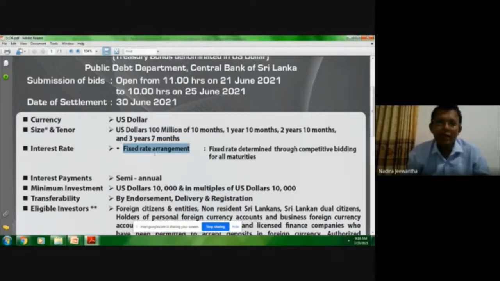So now you can accept deposits in Thai baht. You can accept deposits in Chinese renminbi now. The recent addition this month, Thai baht, has been announced as a designated currency.